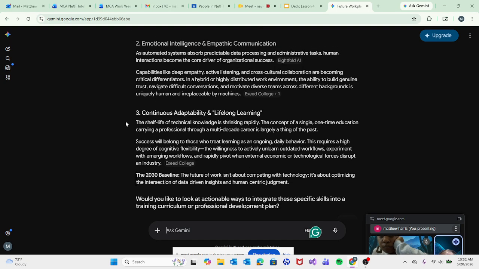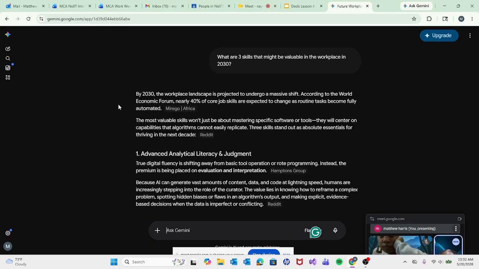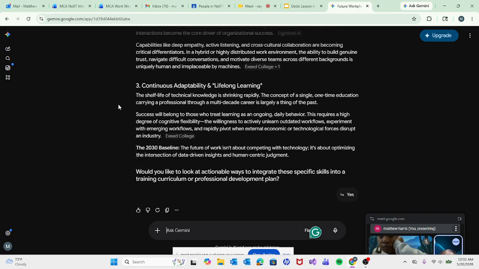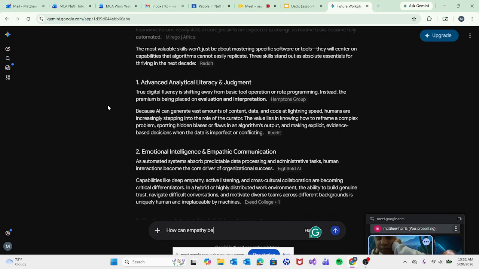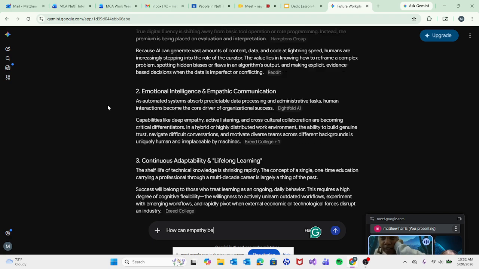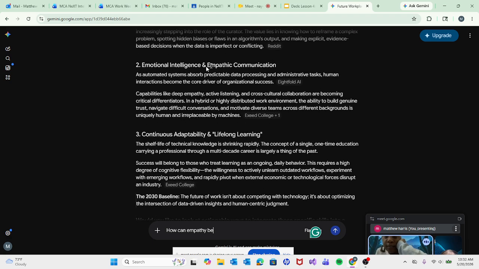Give you time to read through the output, see if there's anything that stood out to you. I like the number two, the emotional intelligence and empathic communication.